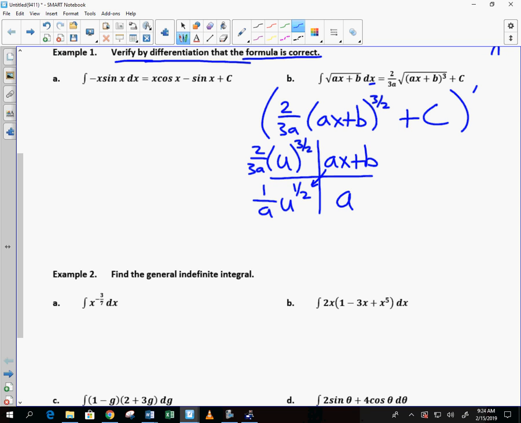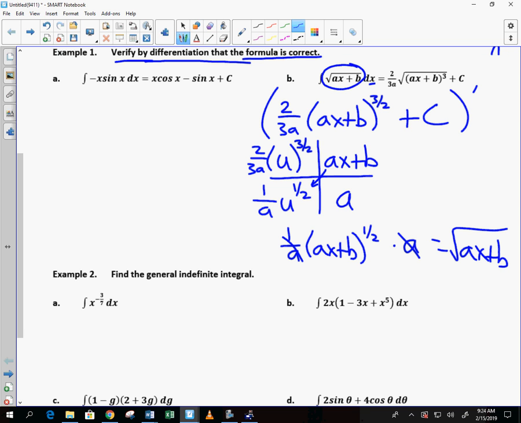Now I multiply those together. 1 over a times ax plus b to the 1/2 power times a. What happens? The a's cancel, leaving you with the square root of ax plus b. Is that what I was supposed to come up with? It sure was.